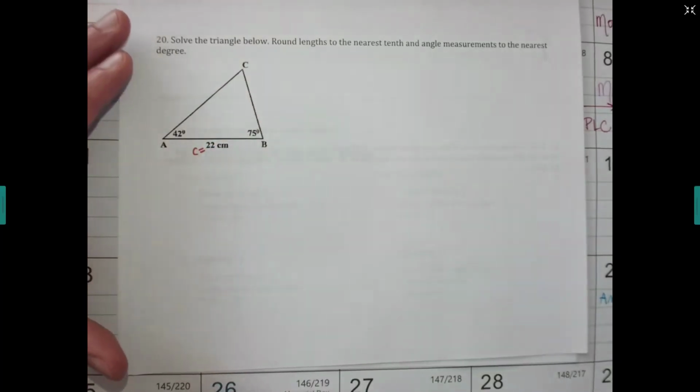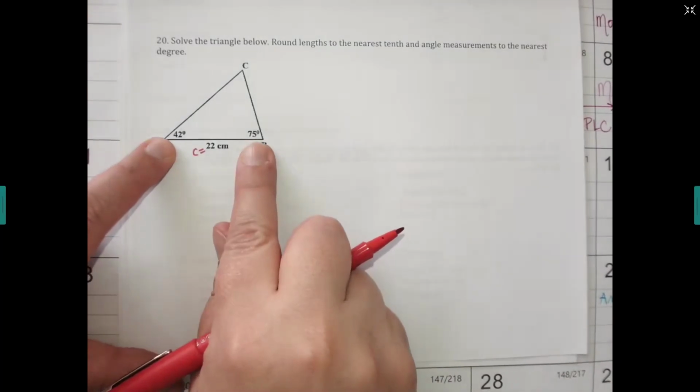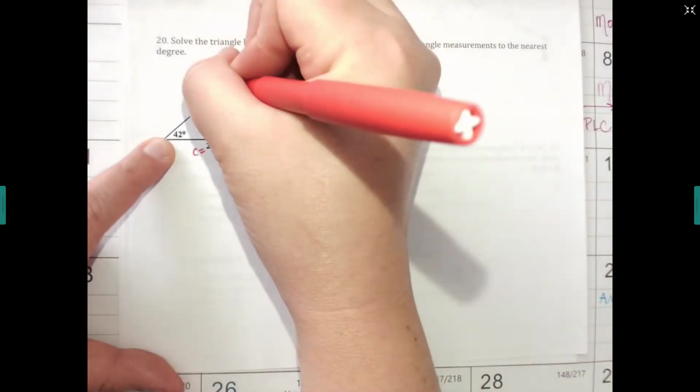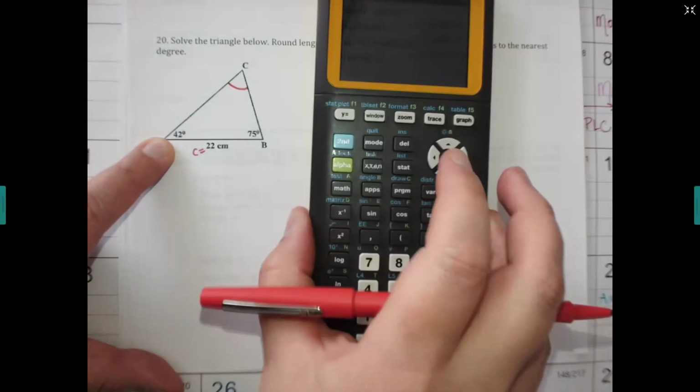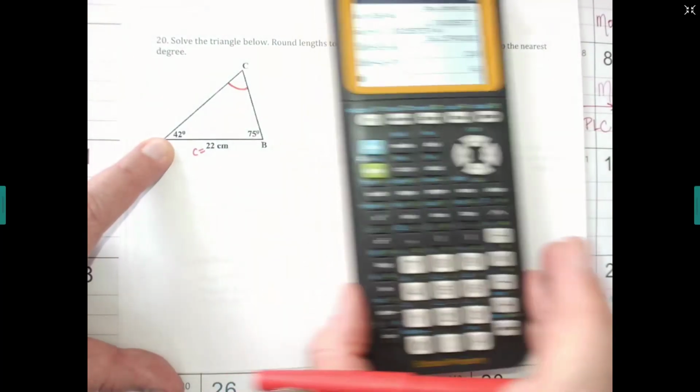Is there a way for me to know big C? Yes. Then I could do law of sines here if I just find this top angle. I think law of sines is easier, so that's how I'm going to do it. So minus these two in your calculator out of 180 to know this third angle. So it'd be 180 minus 42 minus 75.